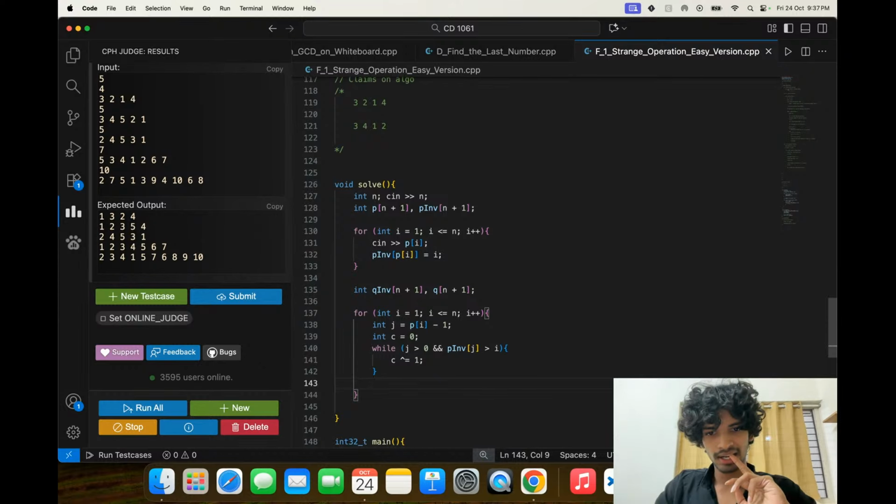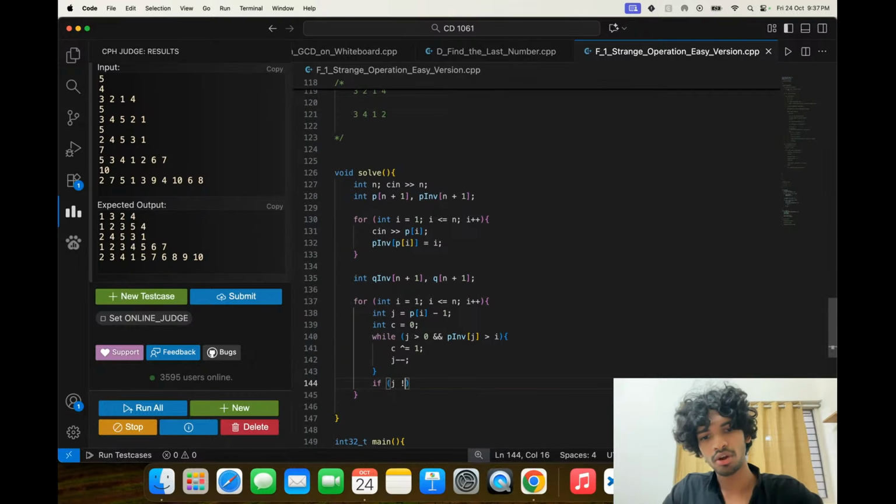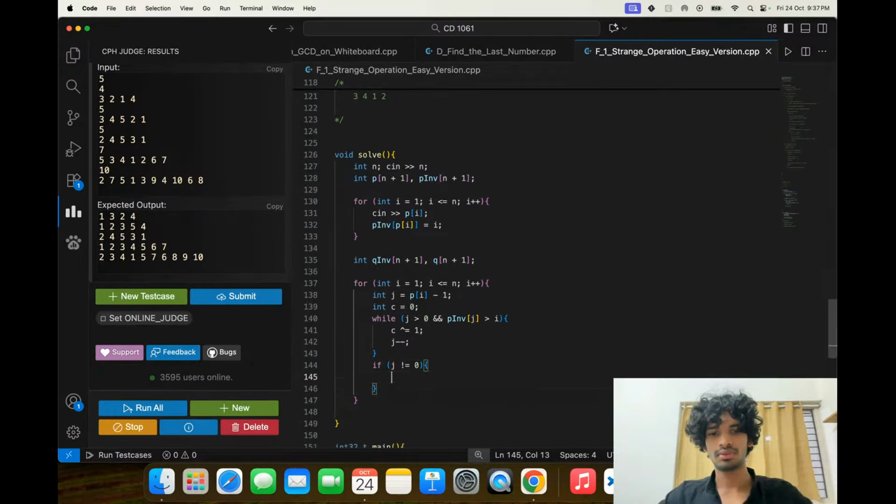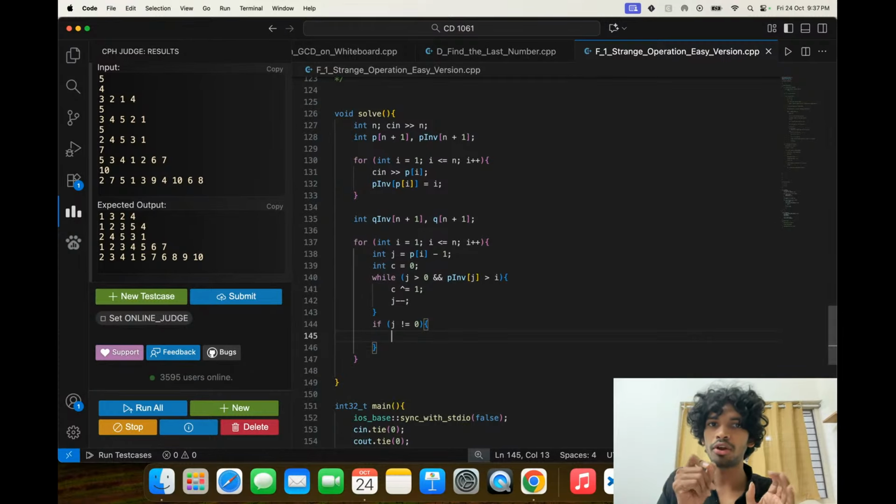Now, if j not equals 0, it means there was a green before. So now what would I do?